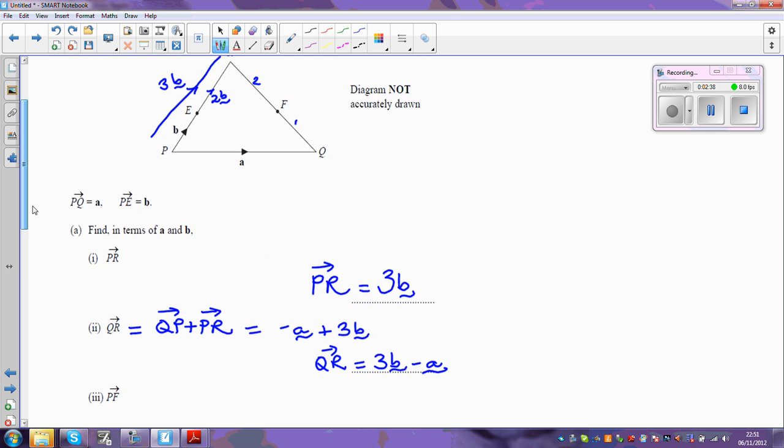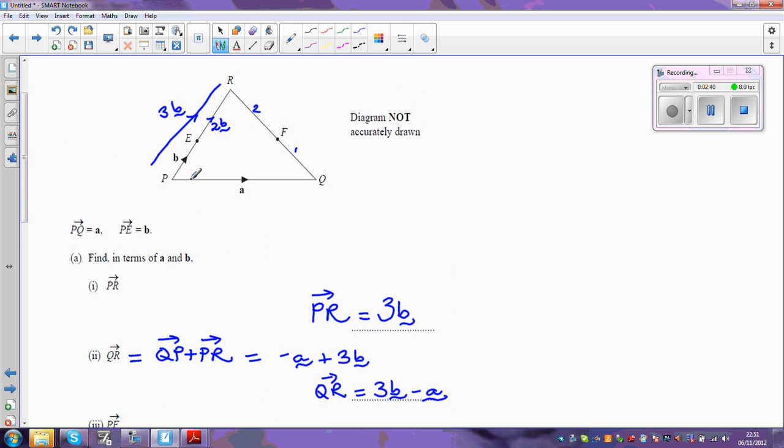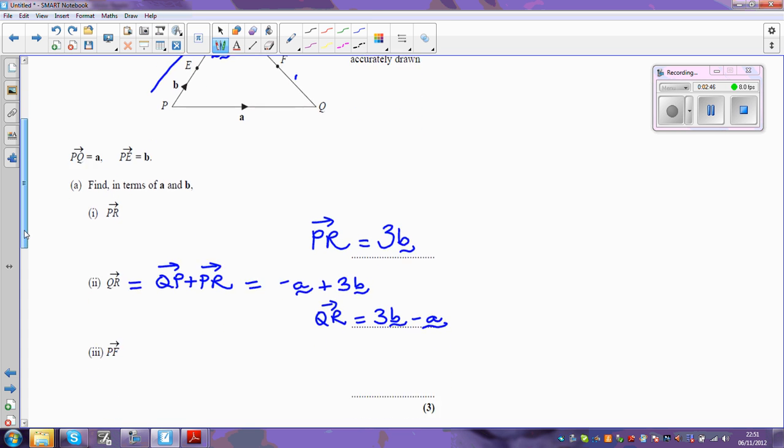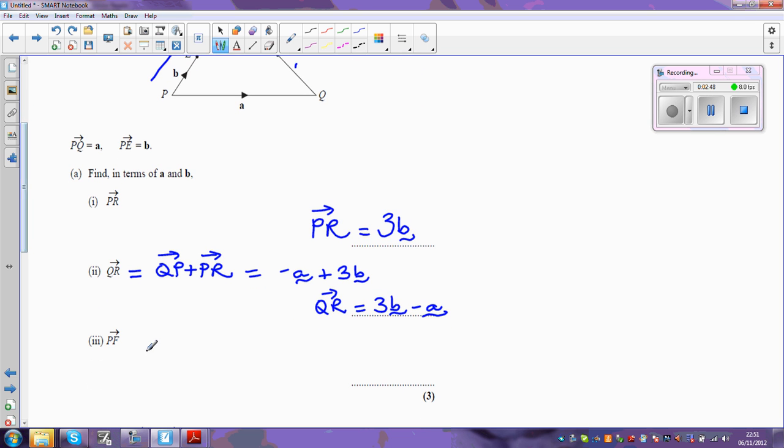Okay, right, let's see what they want us to find next. Next thing we want to find is PF. Now, to go from P to F, I think I'm going to go from P to Q, and then I'm going to go from Q to F. So PF, I'm going to go from P to Q first of all, and then from Q to F. Okay, so PQ followed by QF.